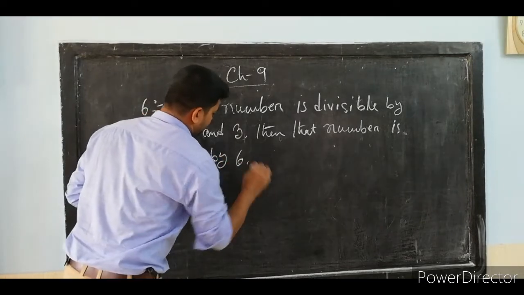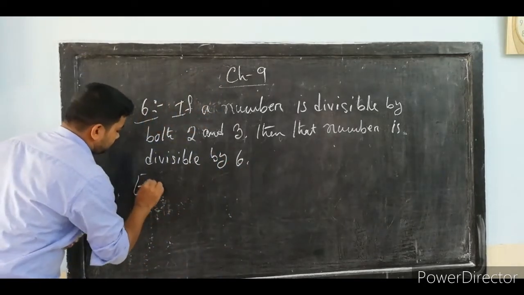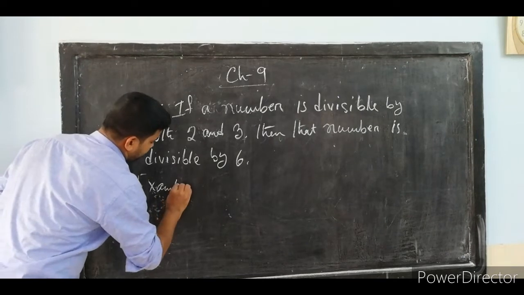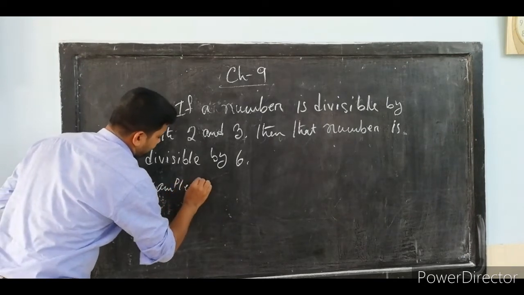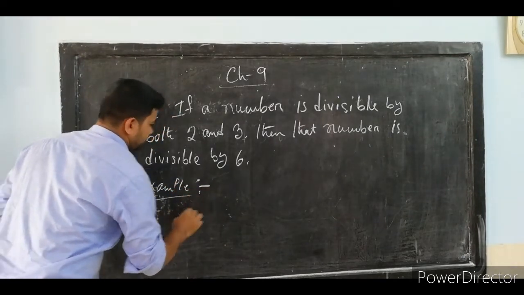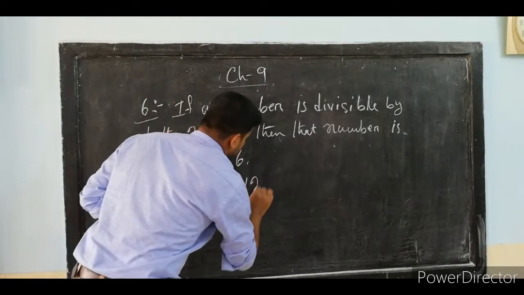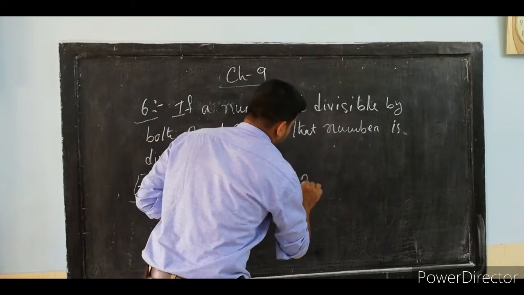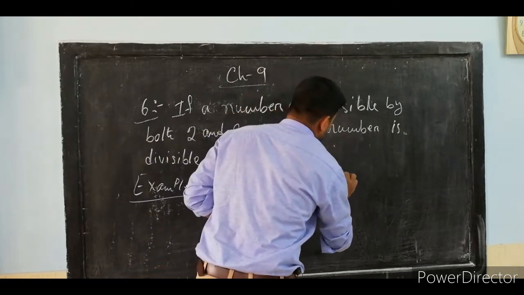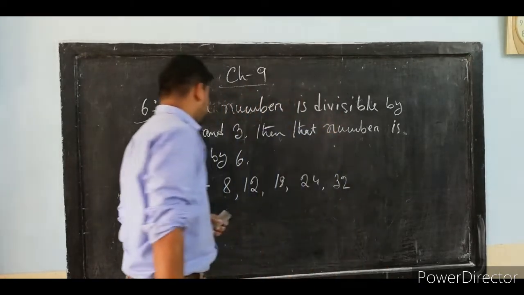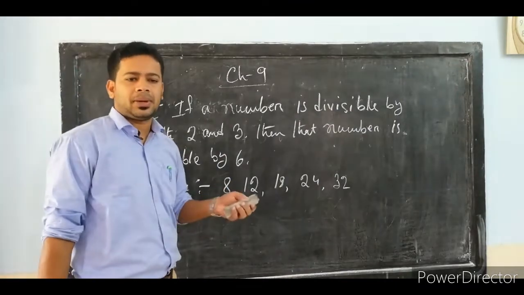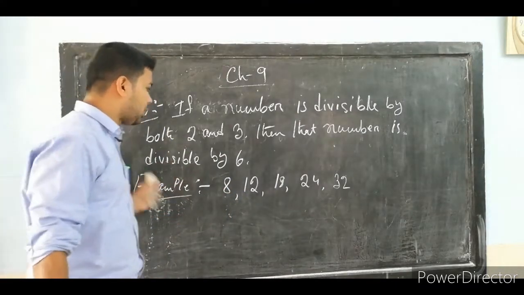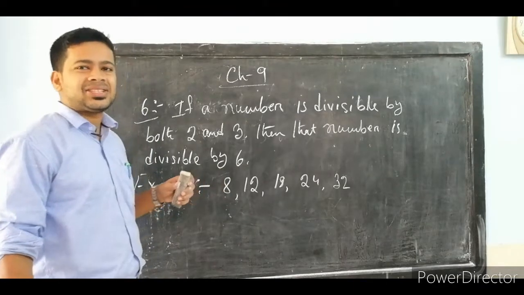Example, 8, 12, 18, 24, 32. I have written a few numbers randomly. Let us check whether these numbers are divisible by 6 or not.